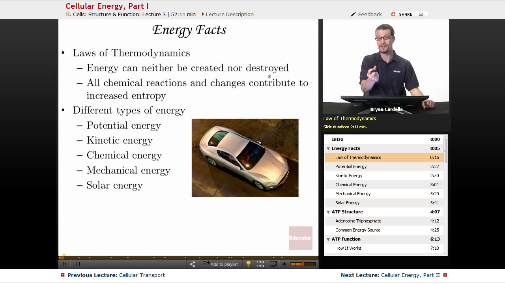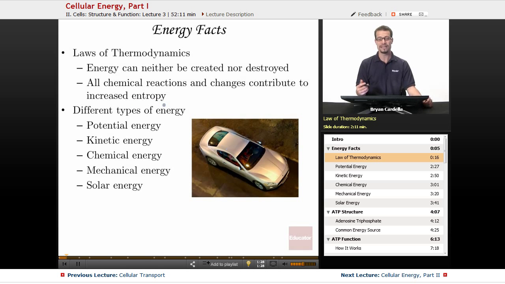How all the energy got here in the first place, that's debatable. But in terms of using energy, we can't just make it from scratch. It's about transferring from one to the other. And we do these things called chemical reactions, involving energy transferring from one form to another. Whether we're breaking something down or building something, it always contributes to increased entropy.